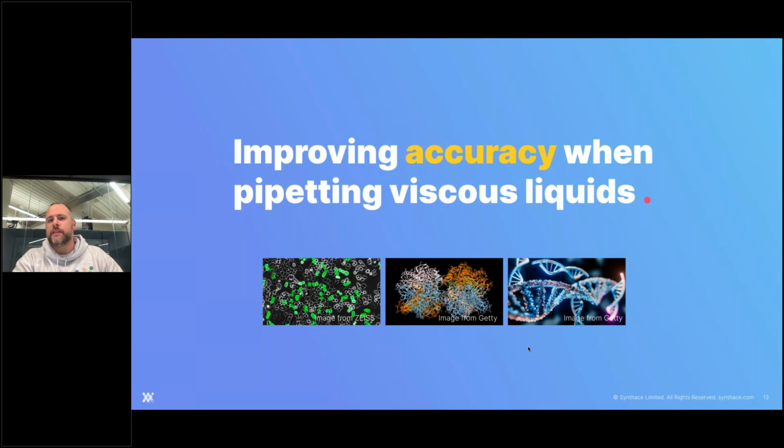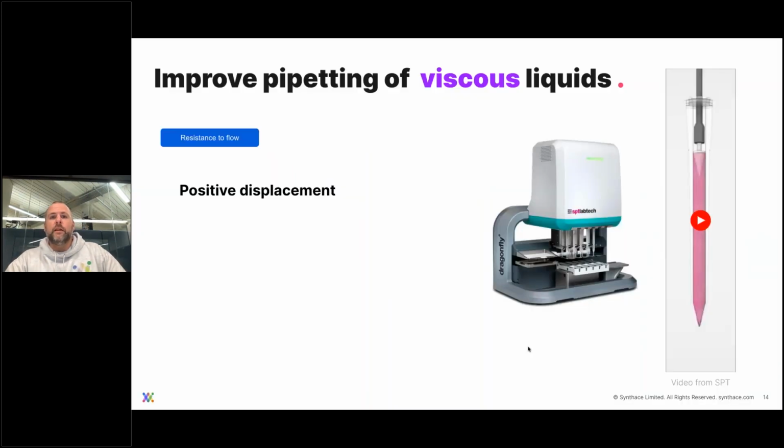So with those properties of viscous liquids in mind, let's take a look at some strategies to improve the accuracy of pipetting them during an automated workflow. One thing we can do to improve the accuracy of viscous liquid transfers is to choose an automated device which utilizes positive displacement, such as the Dragonfly here.